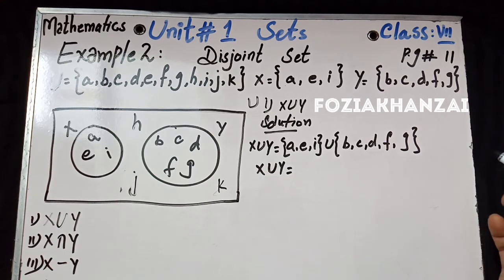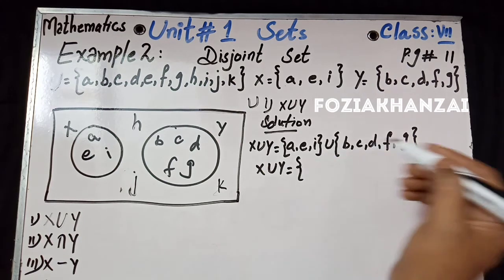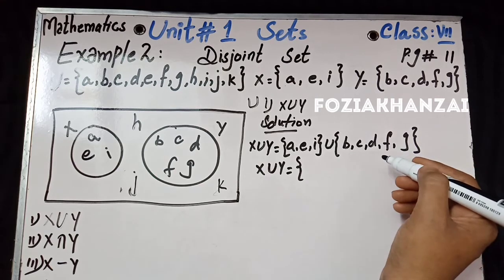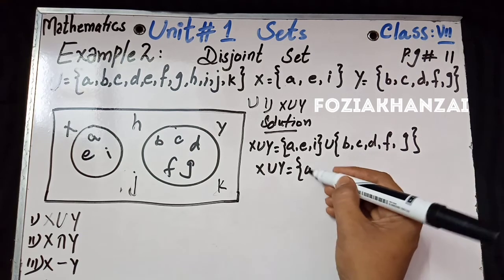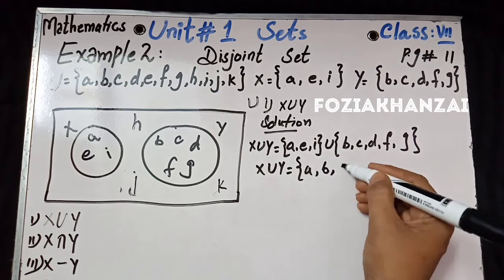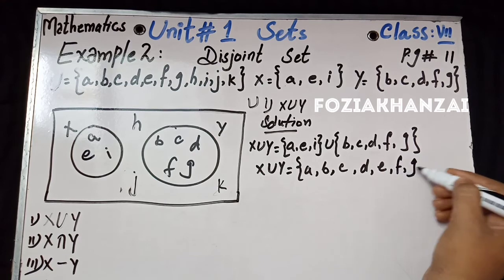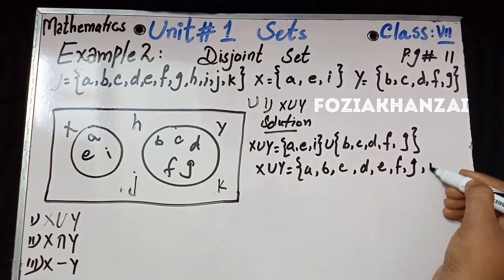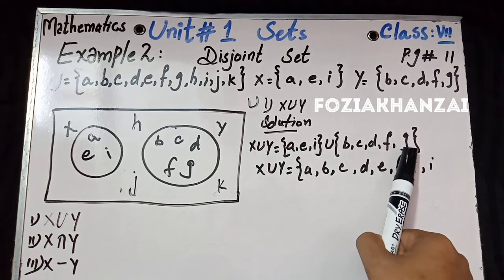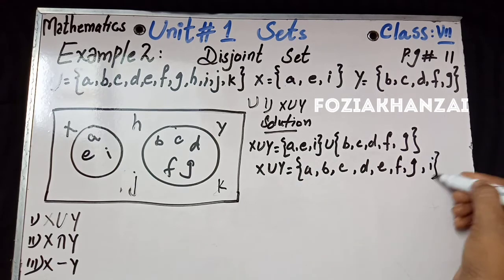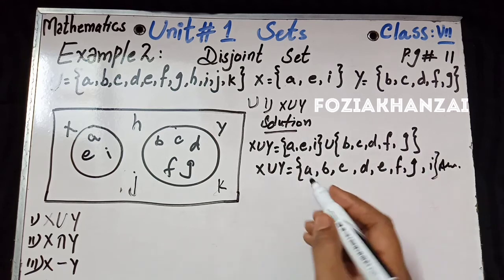In union we write down all elements of both sets together. Elements in set X or in set Y, so we write them in alphabetical order: A, B, C, D, E, F, G, I. That is the answer of X union Y. We write down all elements in alphabetical order.